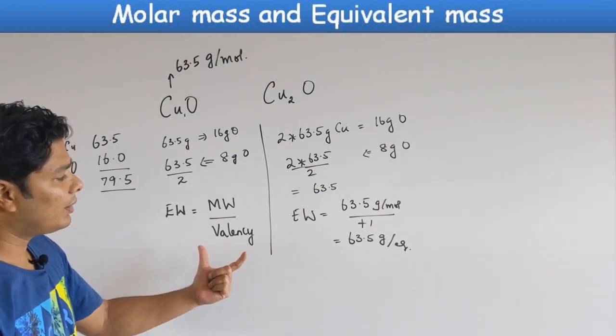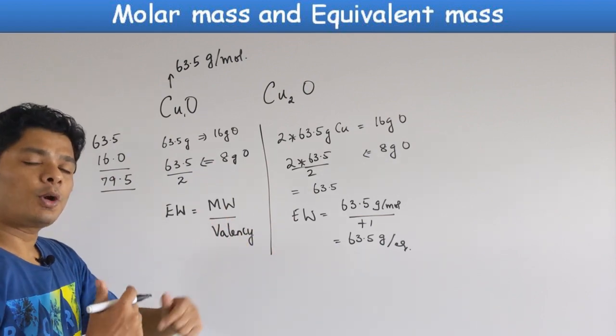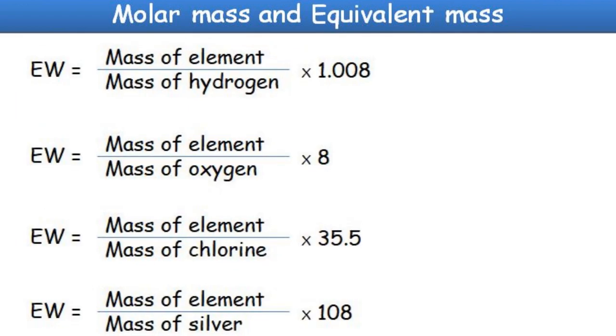Now obviously this is one way of doing it. The other way is solving the actual problem setup. We will look into a couple of problems right now. There are shortcut formulas to calculate the equivalent weight right away. For example, when they are telling you about hydrogen, you can say equivalent mass of the element is mass of the element divided by mass of hydrogen times 1.008.